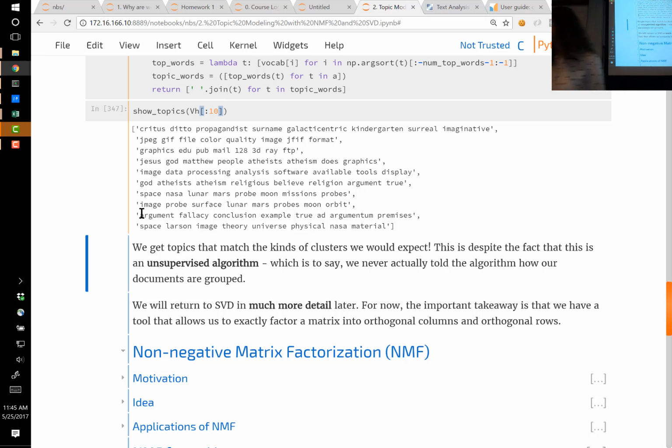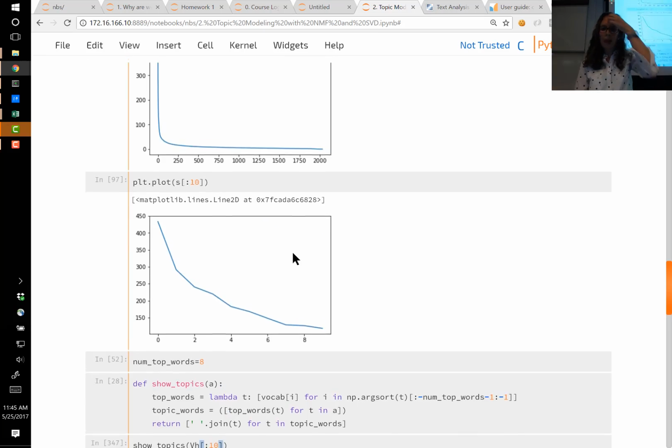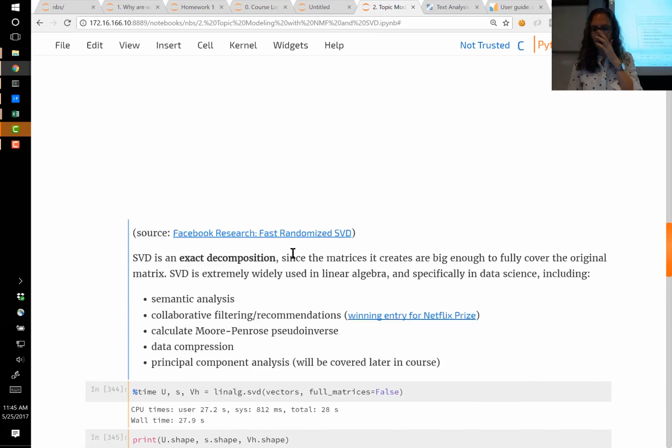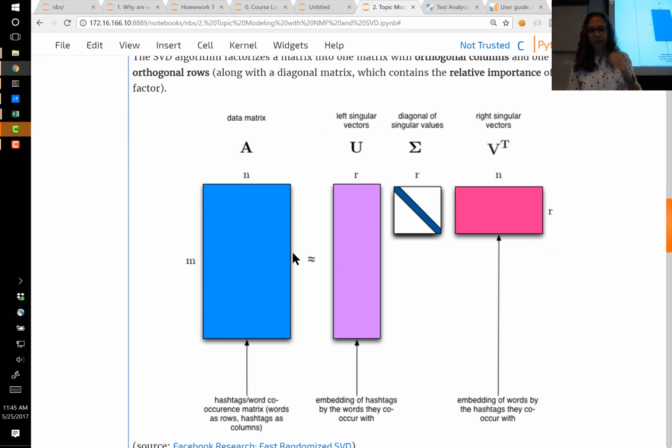Any questions? Yes. Could you specify what each column of U is, and what V is? I think the rows of VH will be the topics, right? Right, the rows of V are the topics, or we have VH. The columns of U correspond to the particular post.